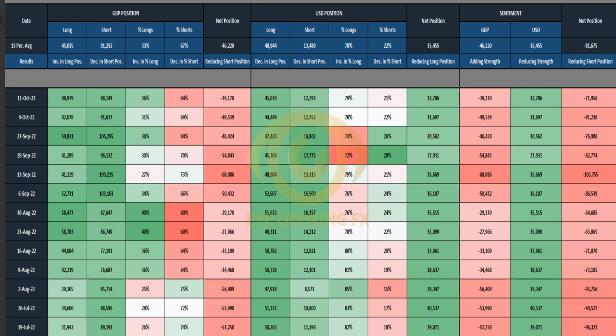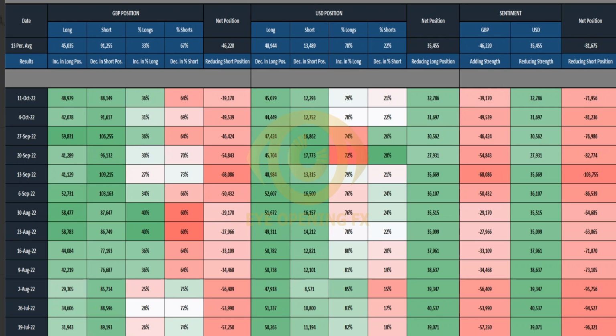On USD, they are increasing in long position and decreasing in short position. So the net position right here is reducing long position.